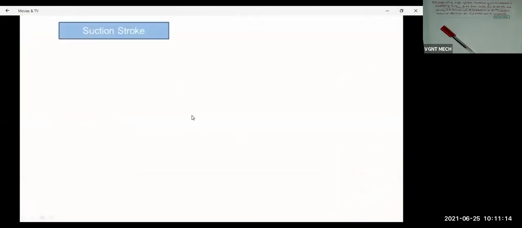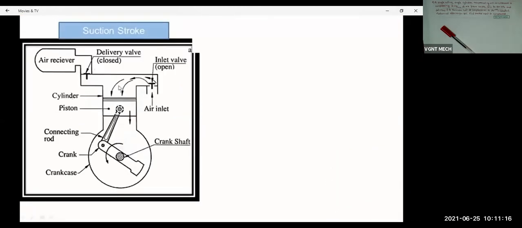Without clearance means this is the figure of single stage reciprocating compressor. Single stage means pressure is achieved in a one stage. Suppose we require a 9 bar pressure, and we achieve 1 to 9 bar pressure in a single stop, then it is known as a single stage reciprocating compressors. Now next meaning is the clearance volume.